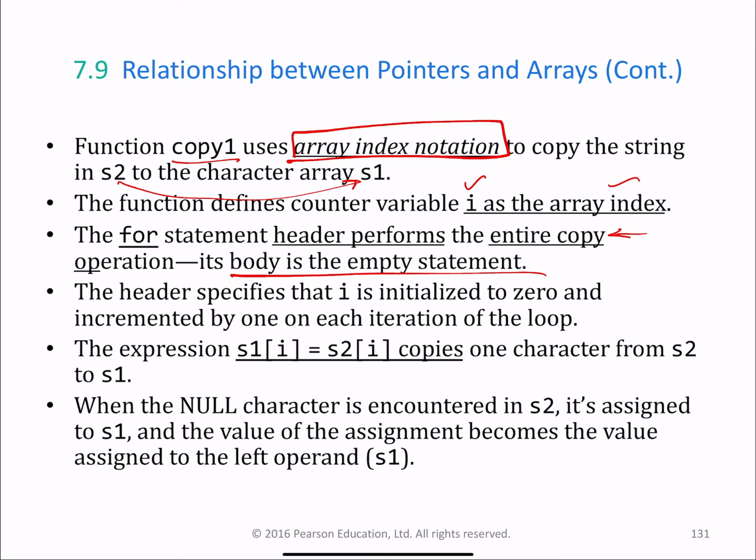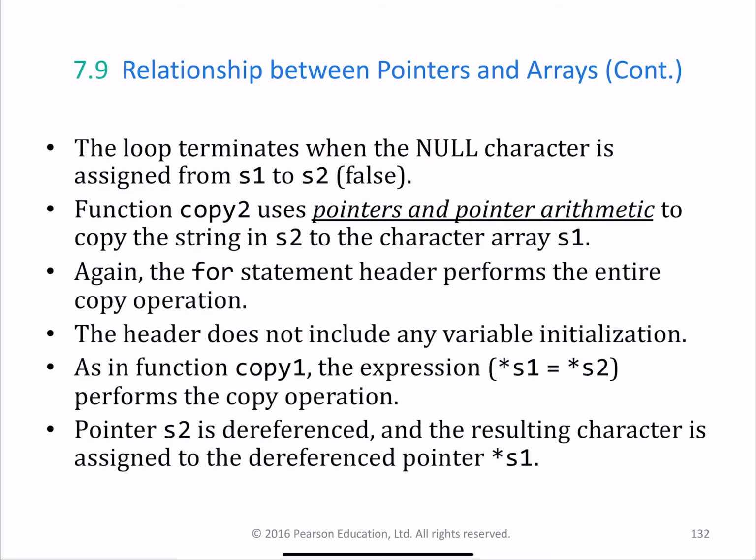The copying process itself happens by this assignment operation, and when the null character is encountered in S2, it's assigned to S1, of course, but the value of the assignment becomes the value assigned to the left operand. And when that happens, the loop terminates when the null character is assigned to S1.